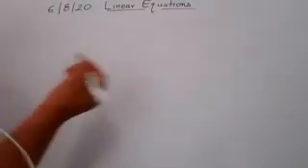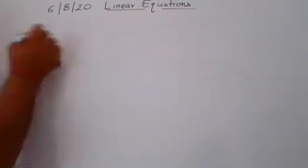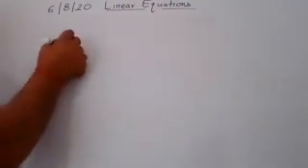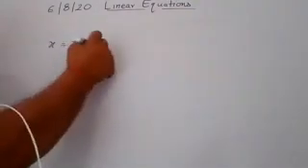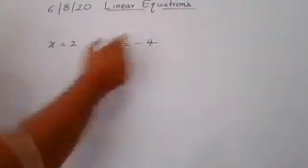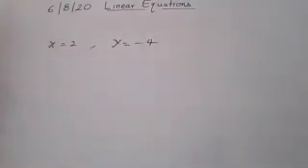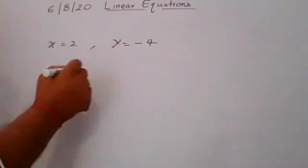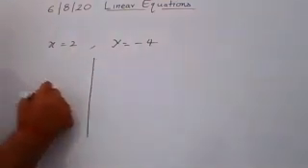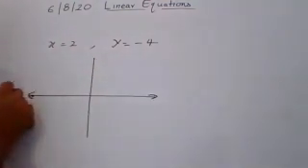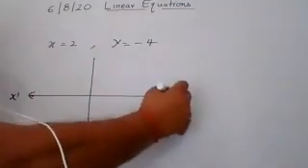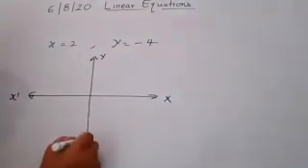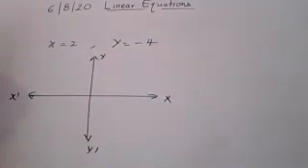Suppose you want to plot the graph of x is equal to 2 or y is equal to minus 4. First you write x dash, here you have y, y dash. Understand?